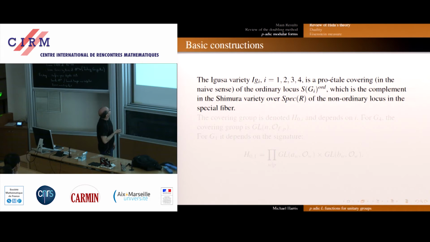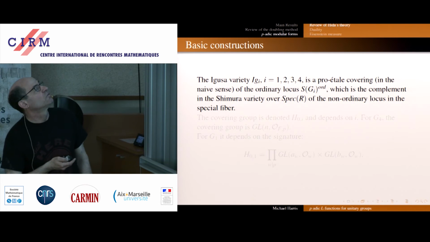It's the complement of everything that's not ordinary in the special fiber. So this is a special fiber with no level at p. And then you can get a pro-étale covering of that by trivializing the multiplicative part or the étale part of the universal p-divisible group.